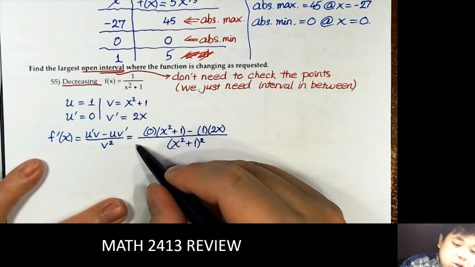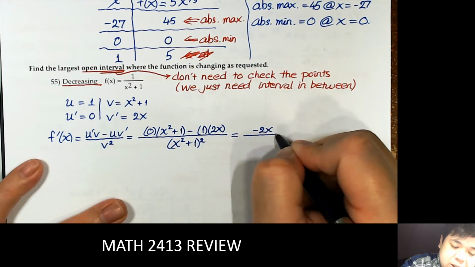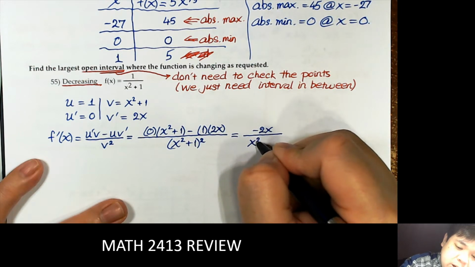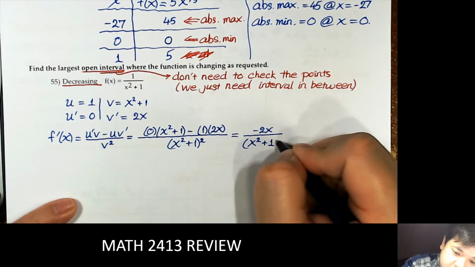Right. 0 times anything is 0, so we just have negative 2x over x squared plus 1 square. Sorry.